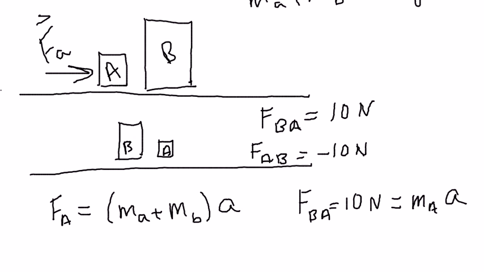I can write a similar equation using the upper case and say that the force of A on B is 20 newtons, and that's going to accelerate mass B, or block B, with an unknown acceleration a.